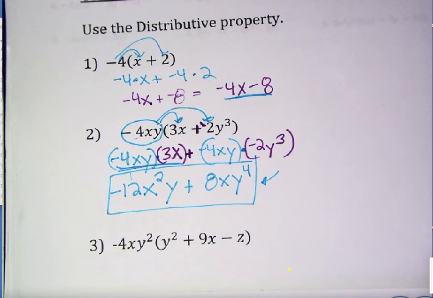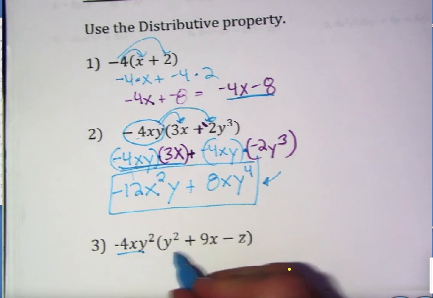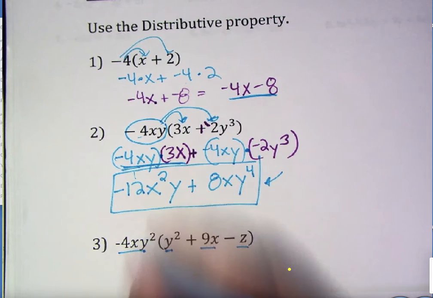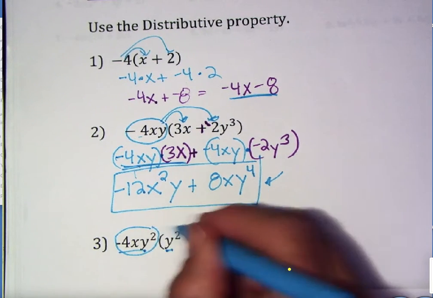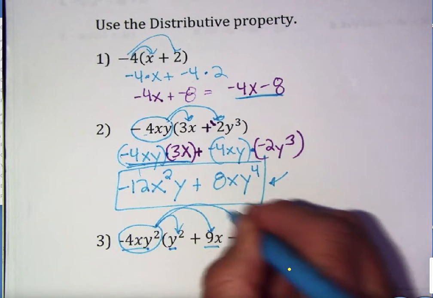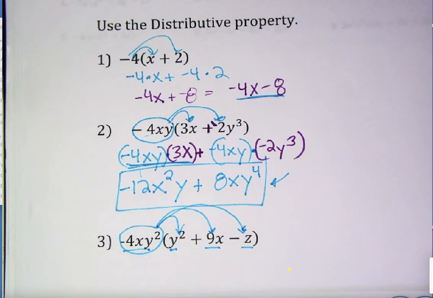Now we're going to multiply this by a trinomial. So it's going to be negative 4xy squared times this, then times this, and then times this. And if you want to use a shortcut, go for it. I'm going to keep going and make sure we use our rule, right?